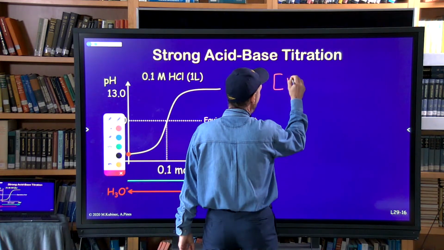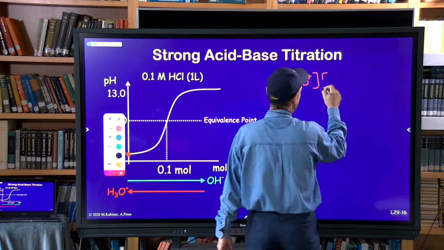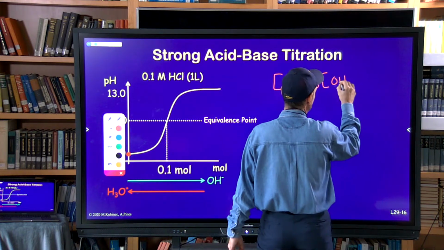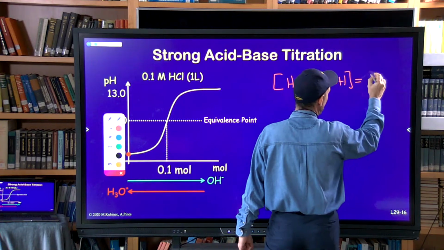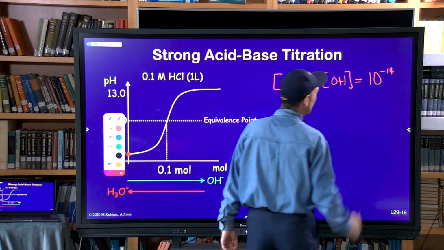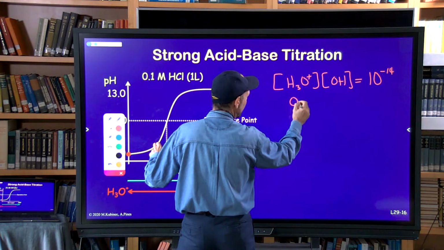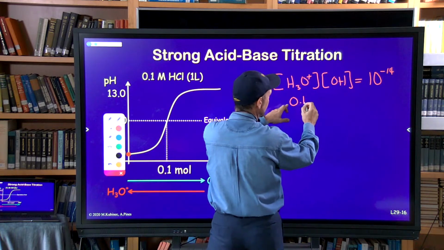And as you build up OH minus, all the time, the product of H₃O plus and OH minus must be 10 to the minus 14. So here, you started out with 0.1, that's 10 to the minus 1.